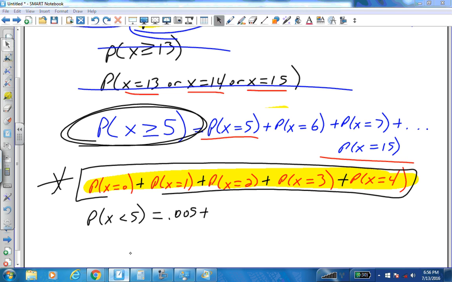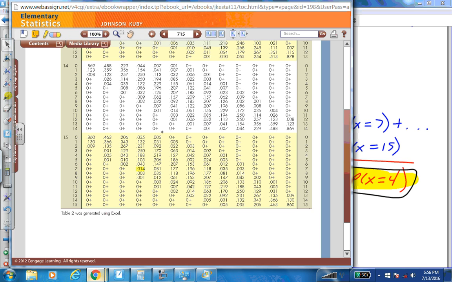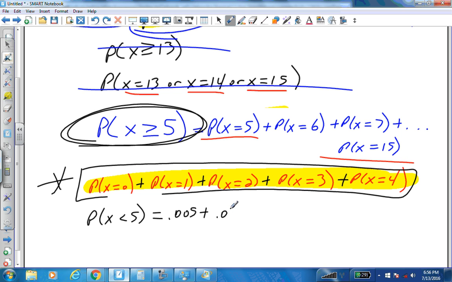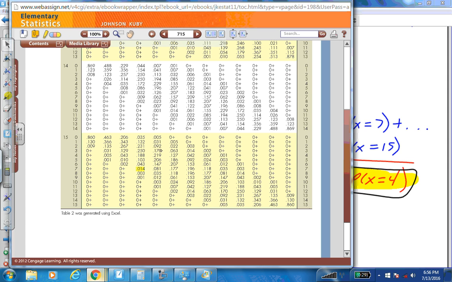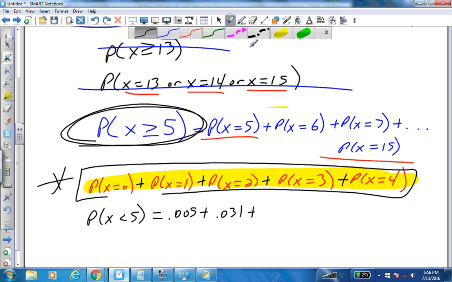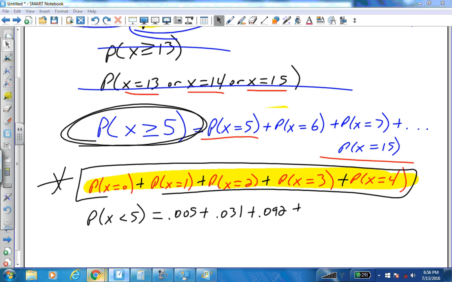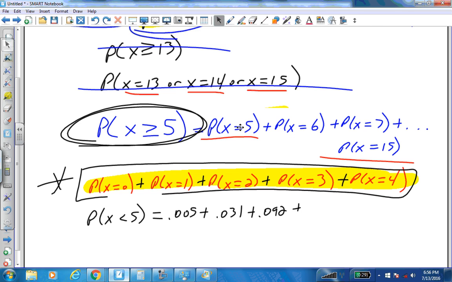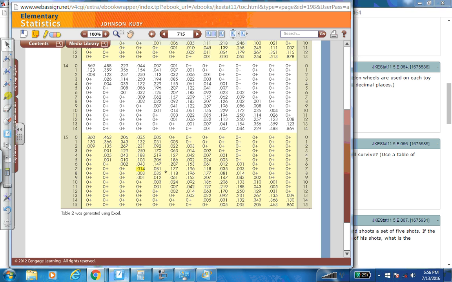The probability of having one tree survive, that's 0.031. The probability of having 2 trees survive, 0.092. 3 trees survive, 0.170. And 4 trees survive, 0.219.